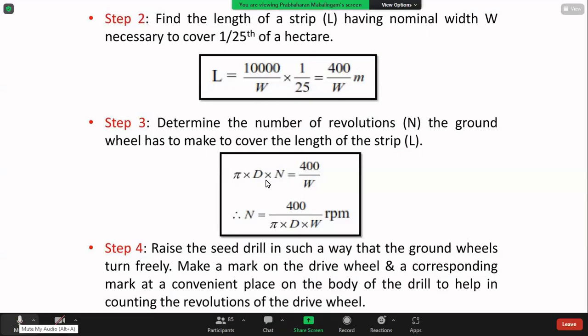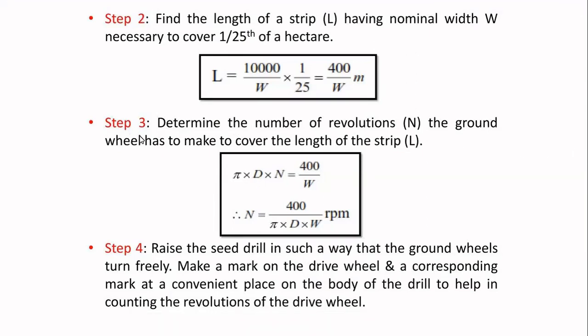This is a round wheel. Normally all the seeder wheels are round, so this is called the ground wheel. The ground wheel is always round. When the round wheel moves one time, the length of travel should be pi d. Pi into d means the peripheral length.